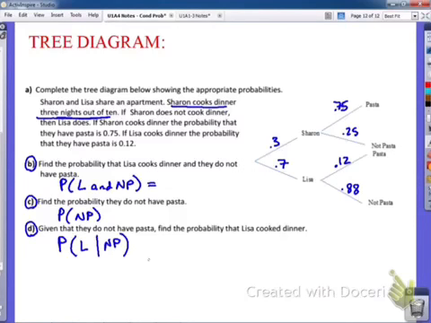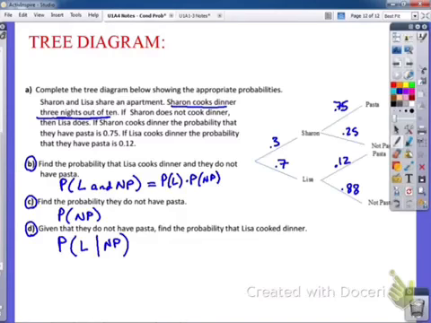Okay, so you want to pause the recording there and give it a shot before I show you. All right, so now we're going to complete this problem together in case you weren't able to do it on your own. The probability of Lisa cooking dinner and them not having pasta is the probability of Lisa cooking times the probability of them not having pasta, given that Lisa cooks.